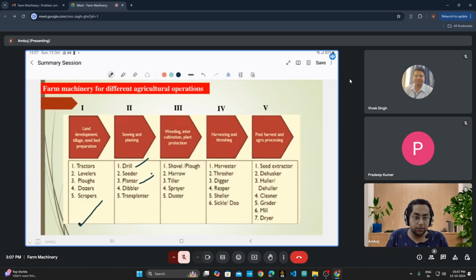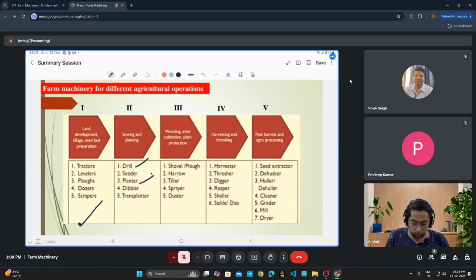The tiller or cultivator is also used for removing weeds. Sprayer and duster have the same purpose: removing weeds if you are spraying herbicide, or, if you are spraying pesticide or fungicides, destroying microorganisms, worms, insects, and pests. This is regarding your sprayer and duster.